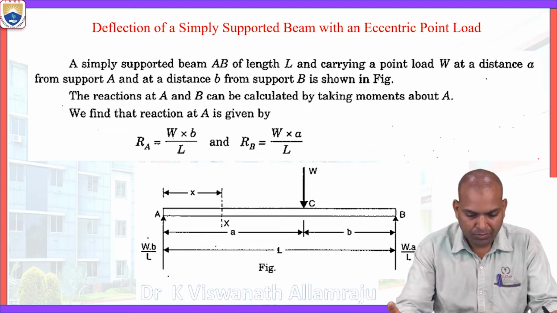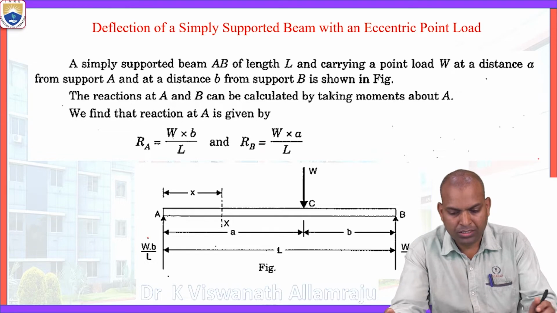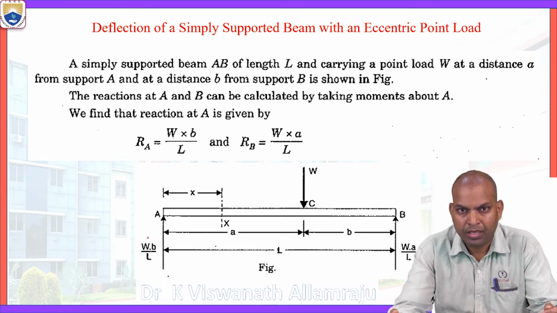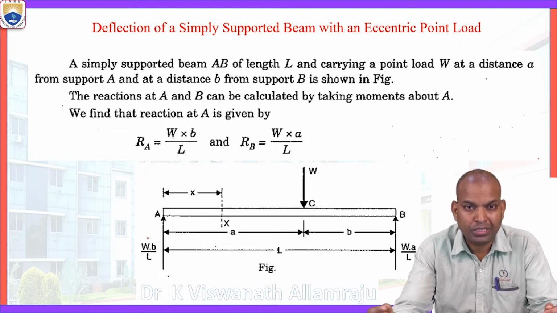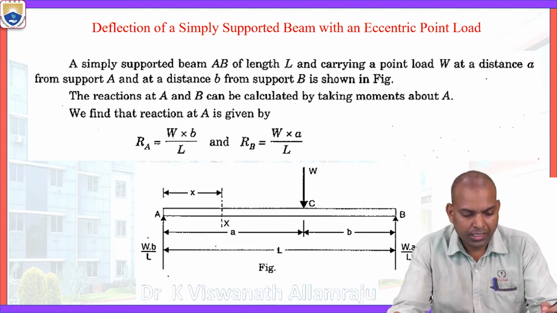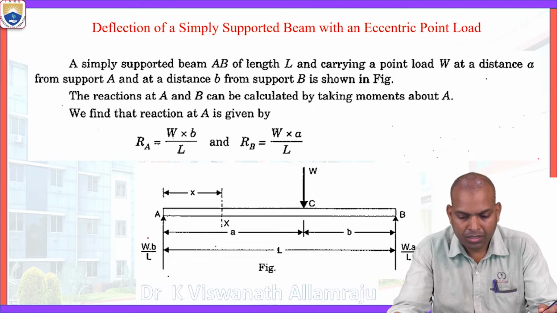So here, what is the meaning of eccentric load? Eccentric load means the concentrated load which is acting not at the center of the beam. In another manner, the concentrated load is not at the center.